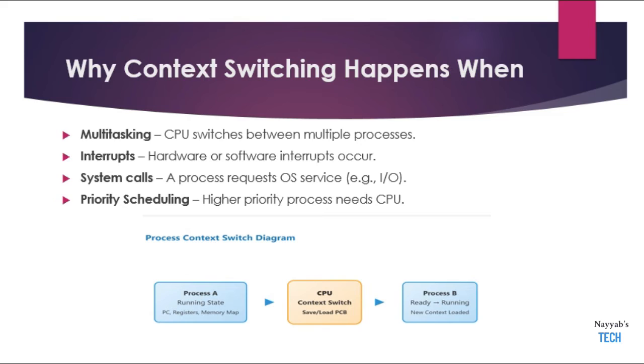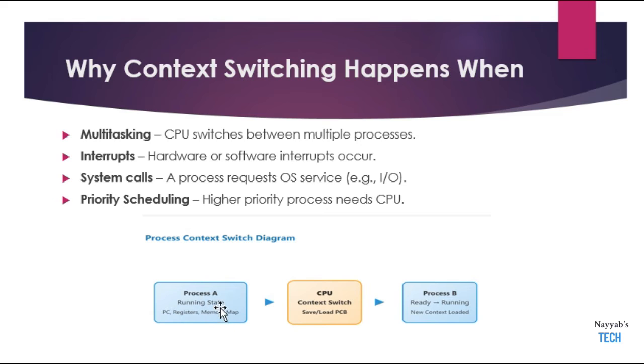Second, interruptions, meaning a hardware or software interruption occurs. Third, system calls, meaning a process requests an OS service, such as some I/O devices. The fourth one is priority scheduling, meaning a process with high priority needs the CPU. In this way context switching happens.